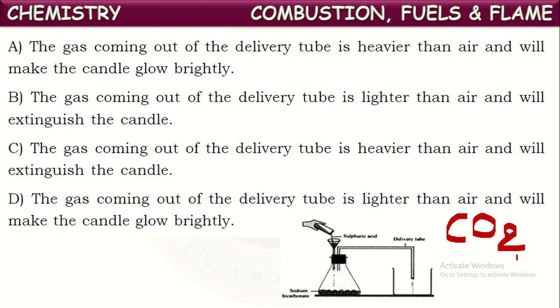Generally, vapor density is calculated by taking the molecular mass divided by 2. The molecular mass of carbon dioxide is 44, so divided by 2 it gives 22. Whereas normal atmospheric air is a mixture, so it is calculated by taking the average of all, and it is found as 14.4. So we can say carbon dioxide is much denser. It is heavier than atmospheric air.